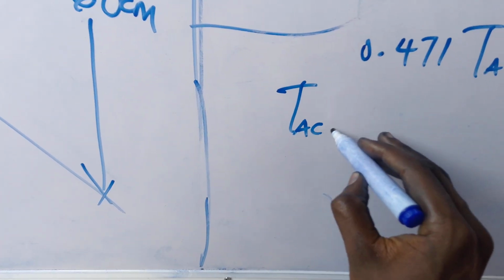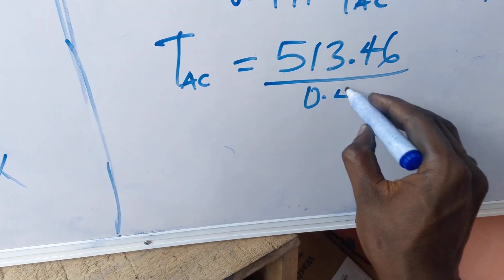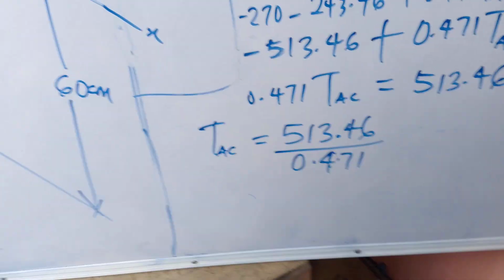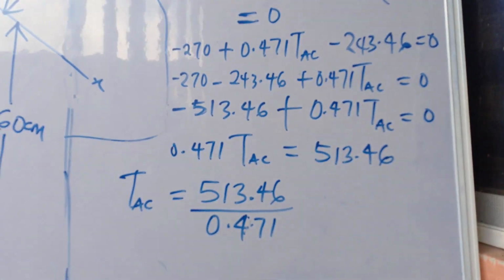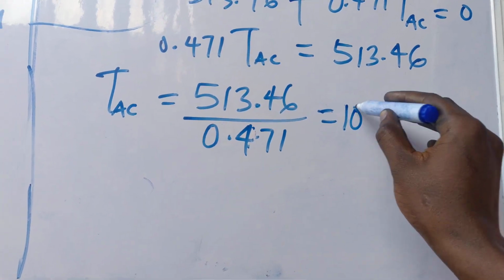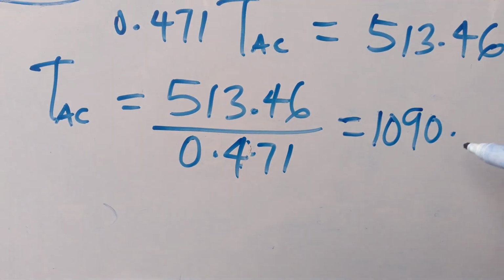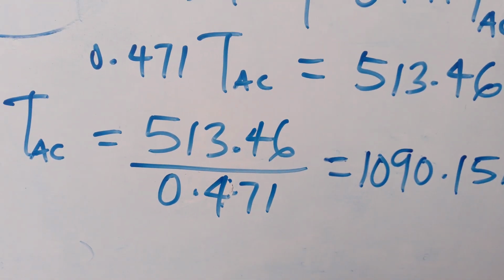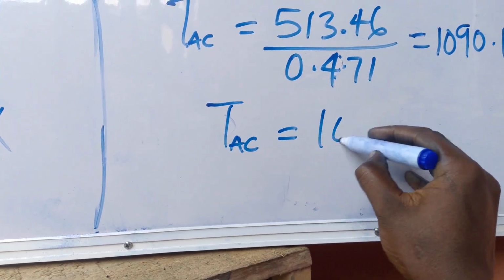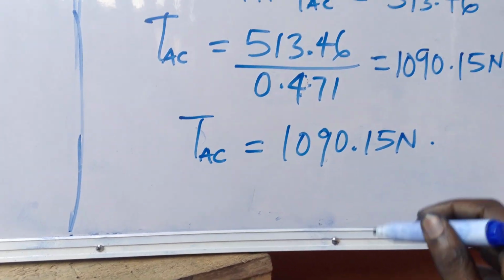So tension in AC will be 513.46 divided by 0.471. If I divide that now, this will give me 1090.15 Newton. So the tension along the cable AC is 1090.15 Newton, when you divide with your scientific calculator.